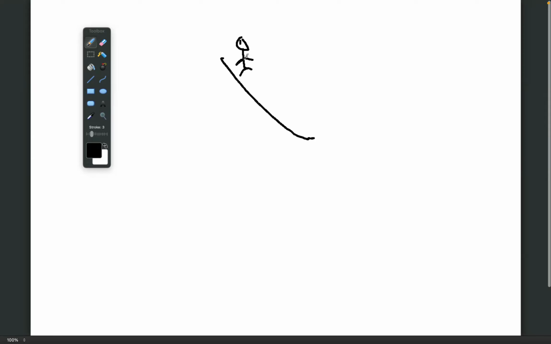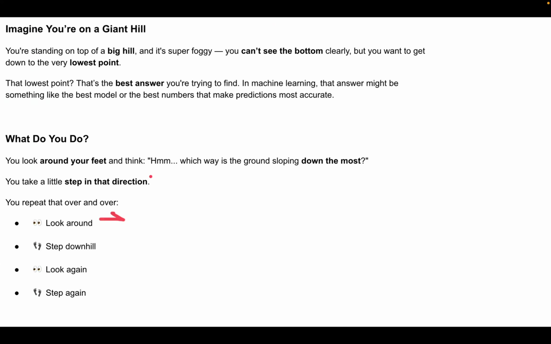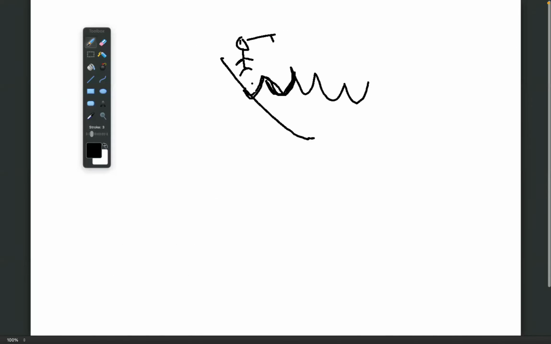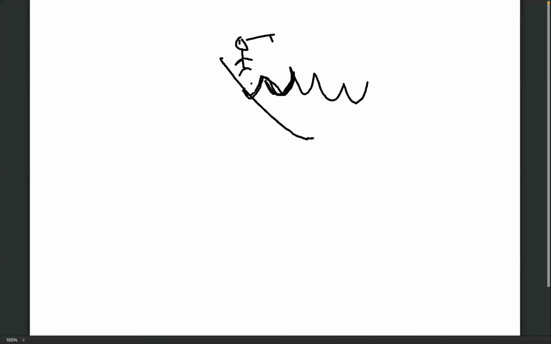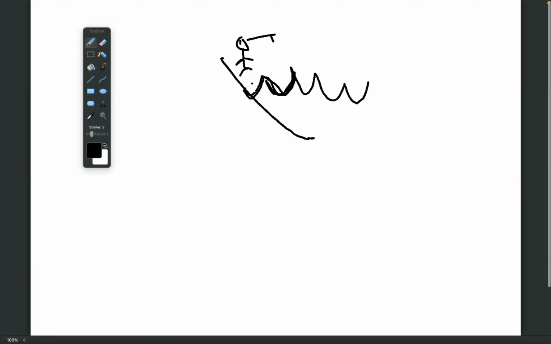You look around, you look in front, and you look for which part of this slope, let's say the slope was something like this, is sloping down the most, so I can get down to where I want to be. You find that slope, all right? You step downhill, you go a little bit, you look again, and you step downhill.